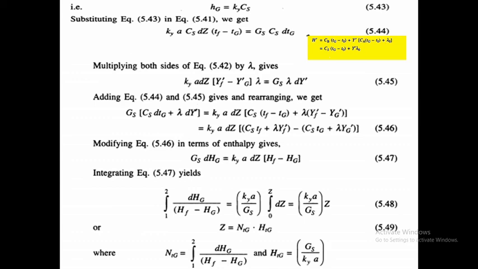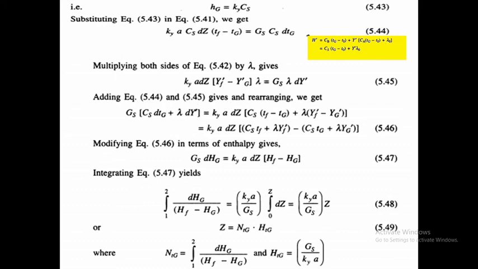As per the definition of enthalpy, refer to the yellow color box, dHg, that is equal to Kya into dZ on the RHS. What are these two expressions? The first expression Cs into Tf plus lambda into Yf dash is nothing but Hf, minus Cs into Tg plus lambda into Yg dash, which is nothing but Hg. Hf is the film enthalpy. Hg is the gas enthalpy. Are you clear? Okay, this is equation number 5.47.